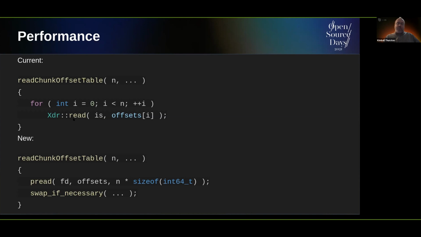But when you're reading things such as the chunk offset table, which is basically the offsets into the file where all the real data lives, it ends up doing that effectively one int64 at a time, right? So you're making an int64 read request for each individual one, and this is largely fine if you assume that you have operating system buffering and such, but there's still a fair amount of overhead.